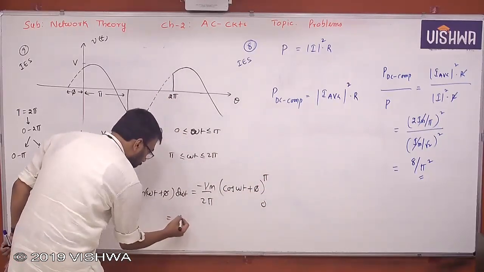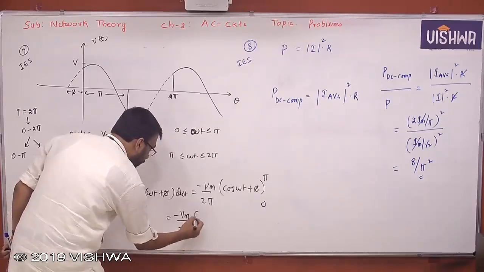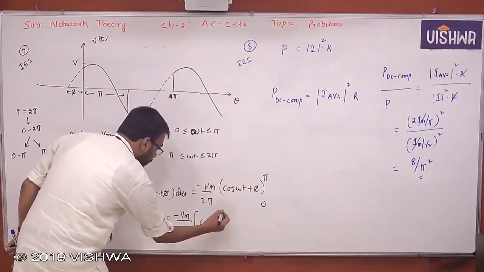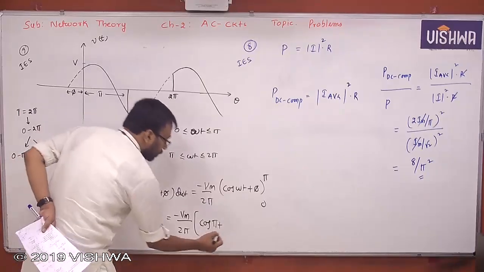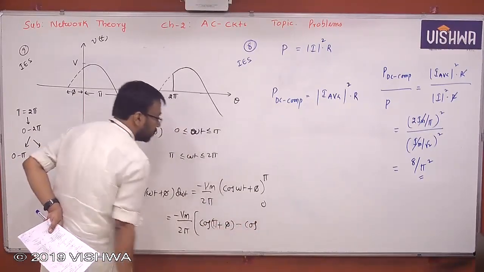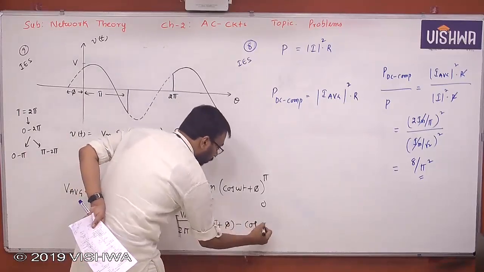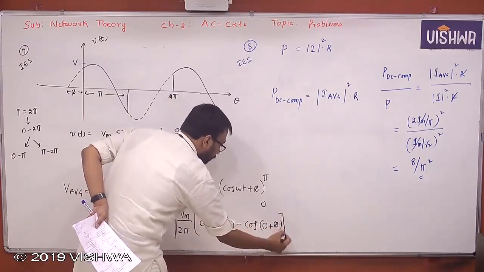Understand? So you substitute: minus V max by 2 pi, cos of pi plus phi minus cos of 0 plus phi.